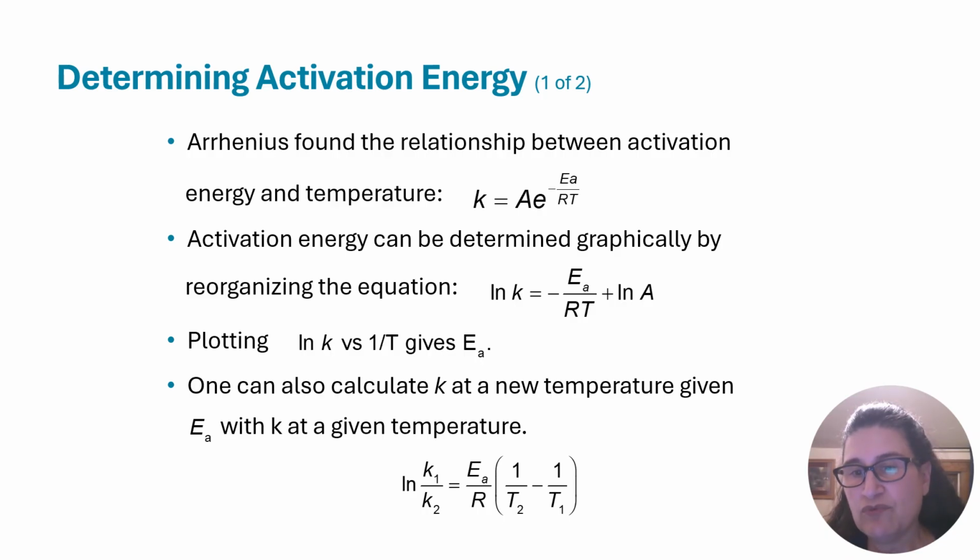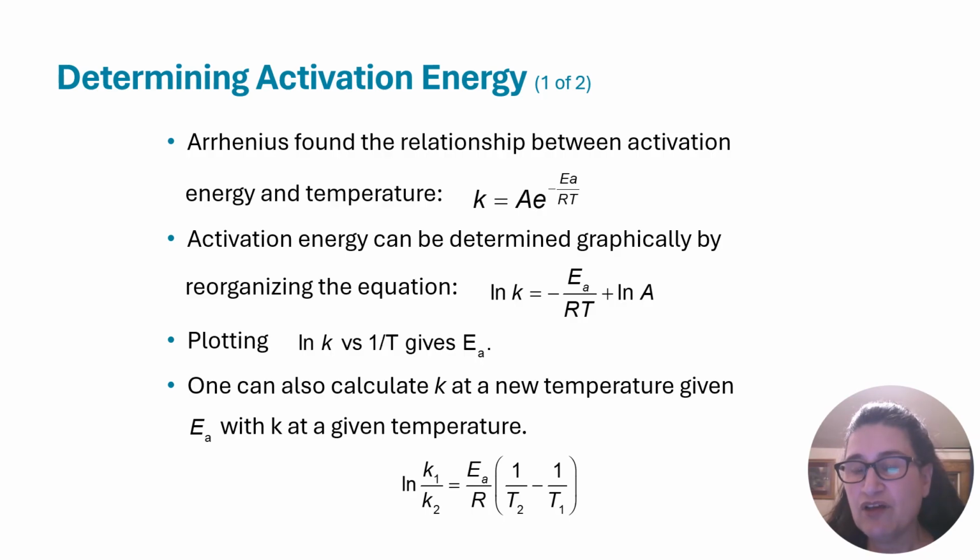Now, if I rearrange this equation and show it like this, it looks like the equation y equals mx plus b. If I make a plot of ln k on one axis and 1 over T on the other axis, then the slope of the line would be negative Ea over R. So I could find my activation energy by graphing it as well.